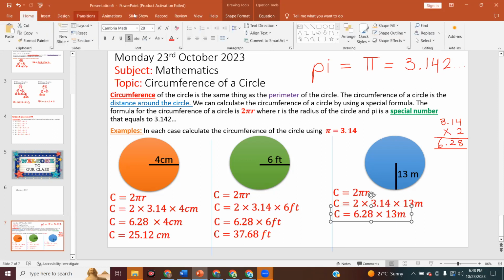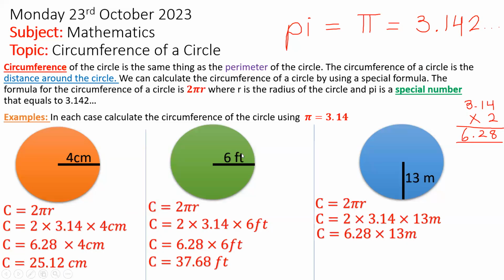Let me see if I have space anywhere on the screen to multiply it. 6.28 multiplied by 13. 3 times 8 is 24.